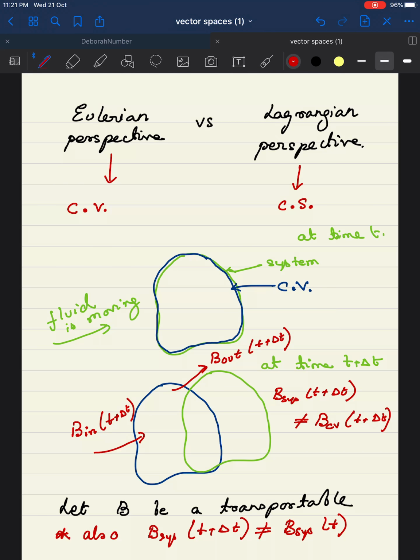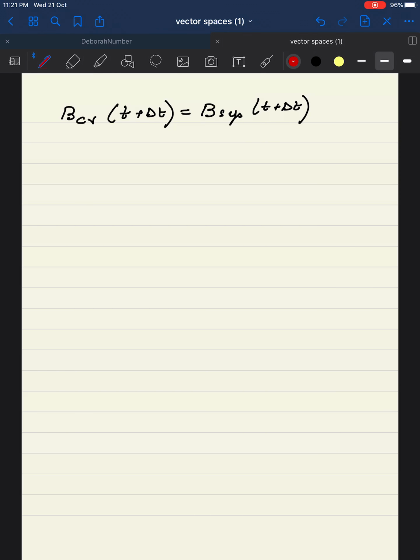But think of it, these three together will have to add up. So if I have to write this B out at t plus delta t, plus, sorry, t plus delta t.